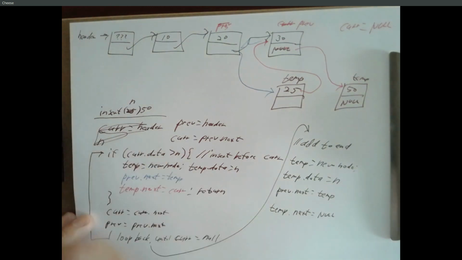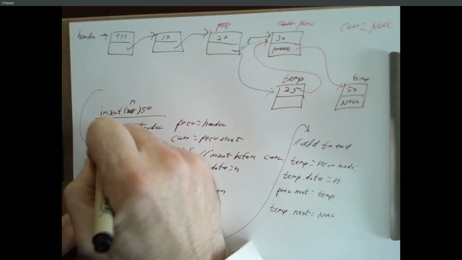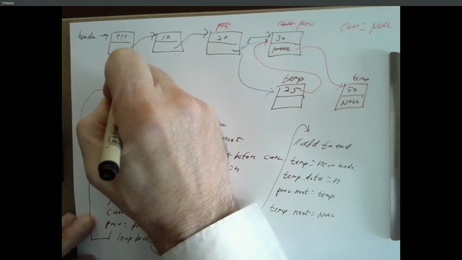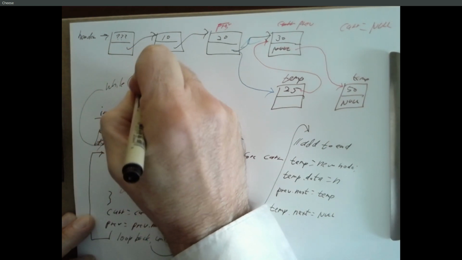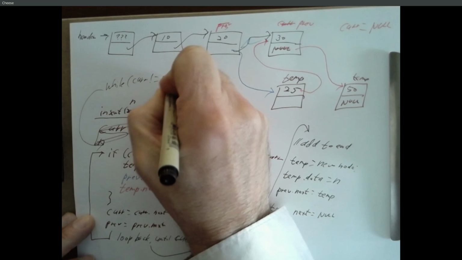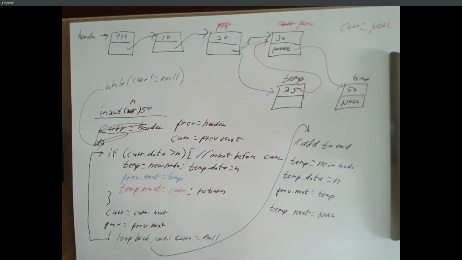So all of this I would code up as probably a while loop, while current is not equal to null. And that's going to seamlessly take care of the edge case where you start off with an empty list.